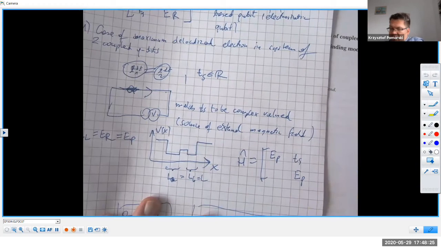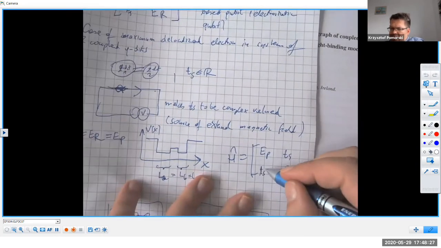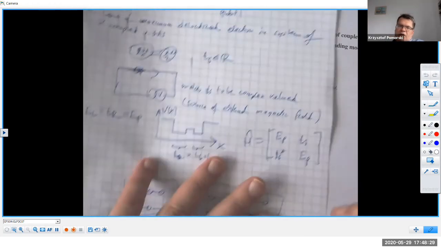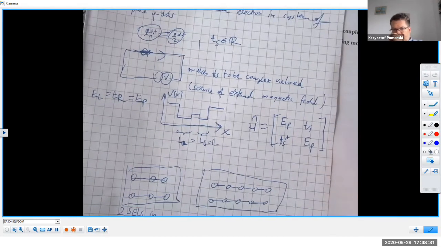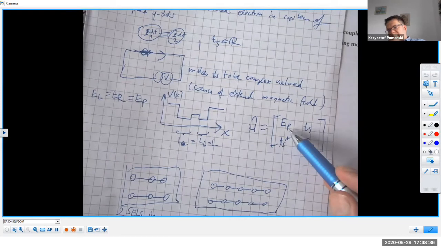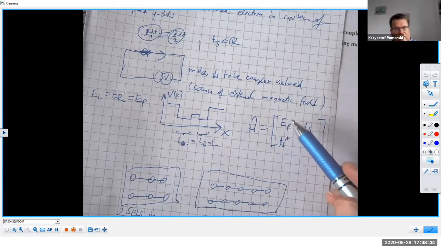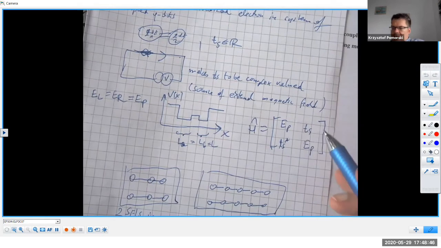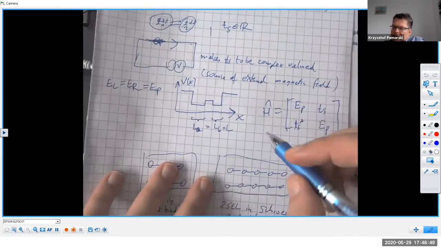In such a case, the Hamiltonian becomes simply AP on the diagonal and TS off the diagonal. Let's say TS is real, but maybe even complex. Recognize this is not the potential energy, but the energy localized on the left side and on the right side. So what are the eigenenergies?